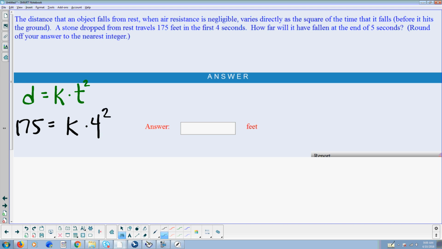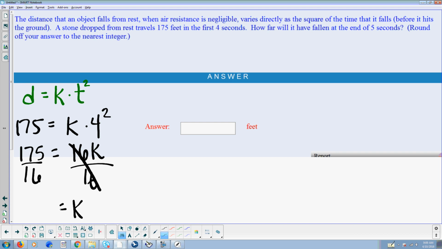So I've substituted the given information, and I'm going to use that information to solve for k. I know that 4 squared is 16, so divide by 16. K is, I'm just going to use the fraction, 175 over 16.